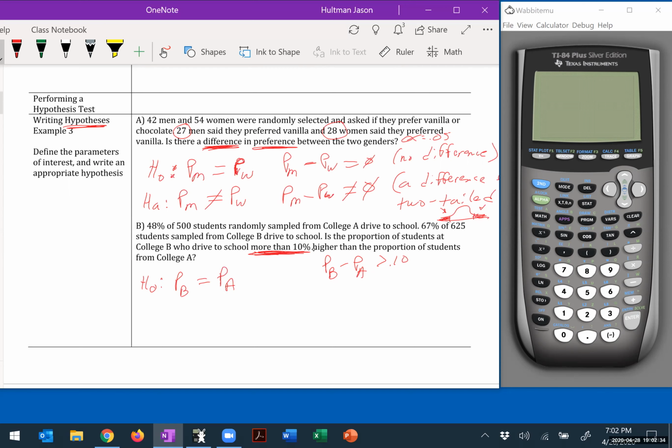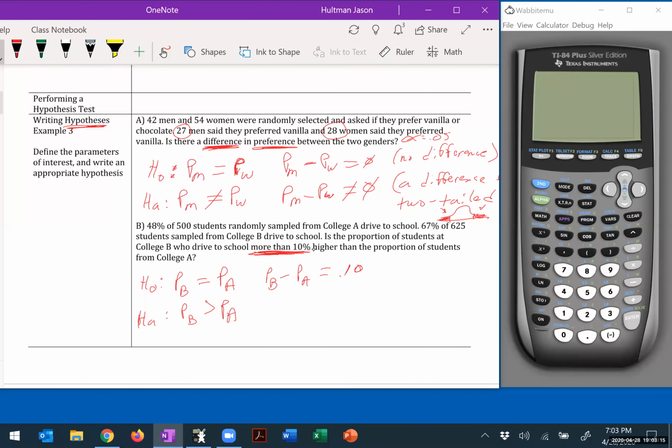Well, what's the alternative? The alternative is that the probability of B is greater than the probability of A. Or the way that I could rewrite this is I could say that the probability of B minus the probability of A is equal to 10%.